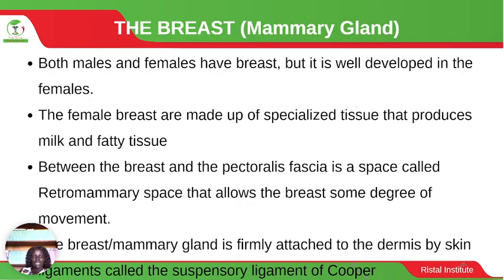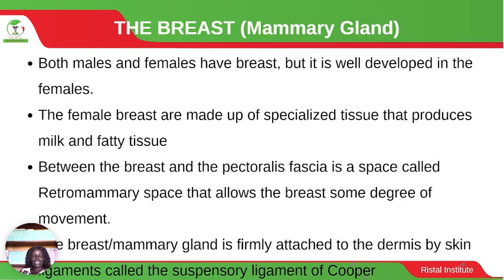Let us look at the breast or mammary gland. Both males and females have breasts, but it is well developed in the females. The female breasts are made up of specialized tissue that produces milk and fatty tissue.